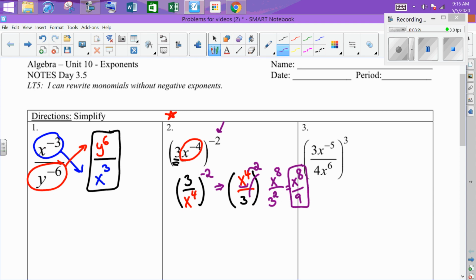Alright, number 3. Again, let's focus inside the parentheses first to simplify what we can. So here, the negative exponent, this -5, is attached to only the base of x. So that's the only thing on the move. The coefficient of 3 stays, the 4 and the x to the 6 stay because there are no negative exponents attached to those.